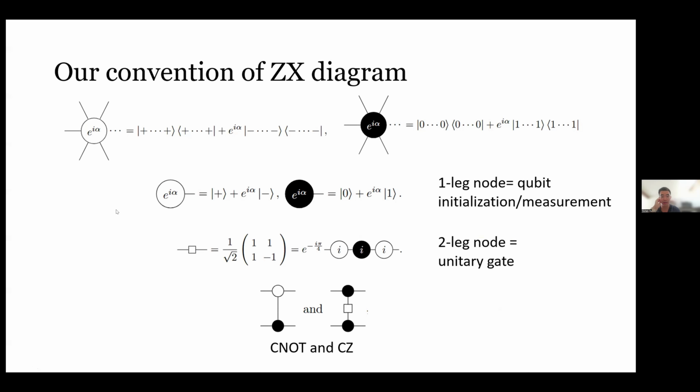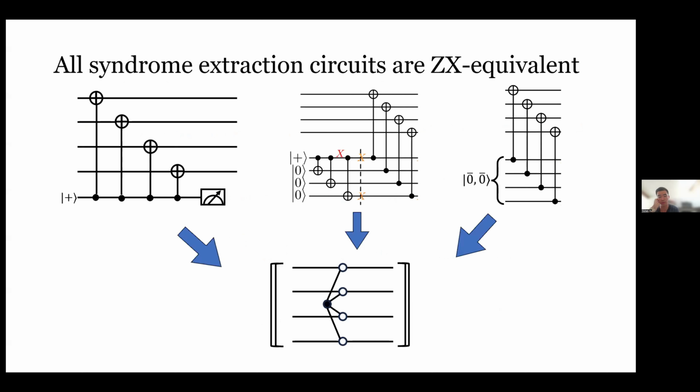So if you use ZX calculus and start rethinking about all these circuits that operate on the 422 code, what we find is, it's a very straightforward exercise in ZX calculus, that you can represent all these circuits in ZX calculus, apply a bunch of ZX rules, and all of these protocols are essentially equivalent to the following ZX diagram.